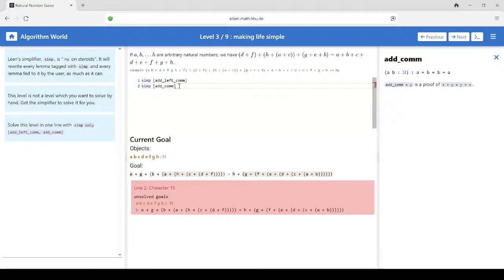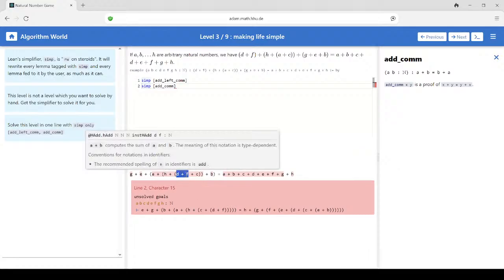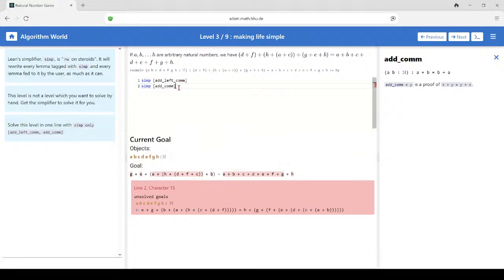Are D and F still next to each other? Yes, they are. D and F are still on the same side relative to each other, so they didn't switch places. D plus F and D plus F. So that's something.